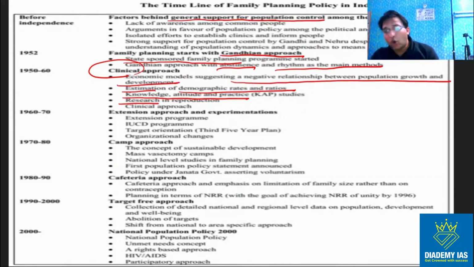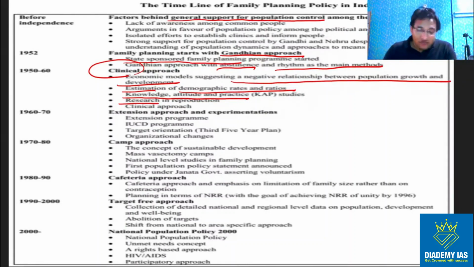So we thought that with the development, automatically the population will reduce. Based upon the demographic transition theory, our thinkers thought that with the increase in economic growth as a result of economic planning, the population will automatically get controlled.